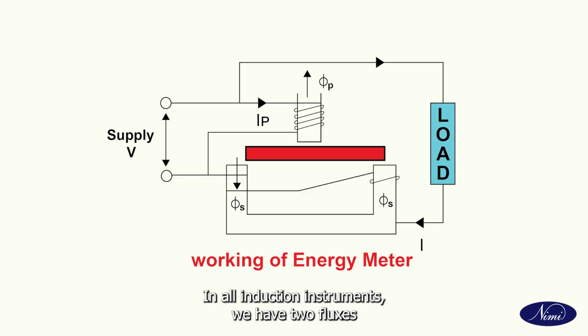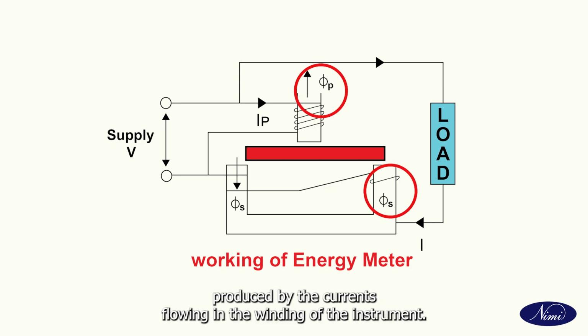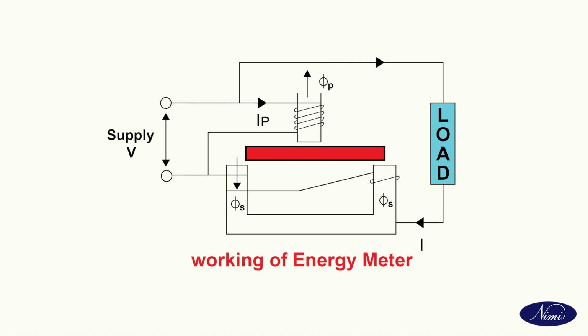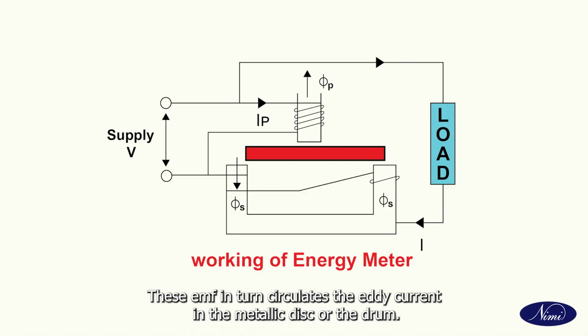In all induction instruments, we have two fluxes produced by the currents flowing in the windings of the instrument. These fluxes are alternating in nature and so they produce EMF in the metallic disc or drum provided for the purpose. These EMFs in turn circulate eddy currents in the metallic disc or the drum.